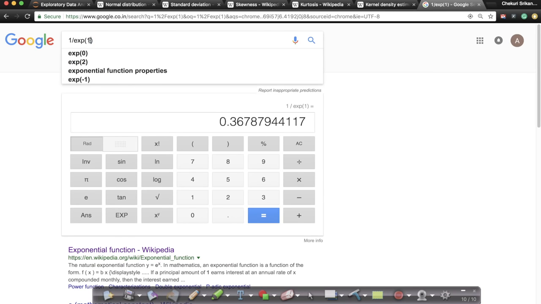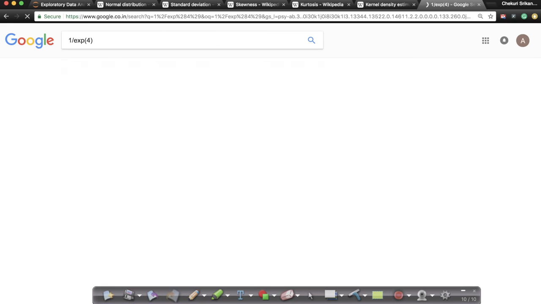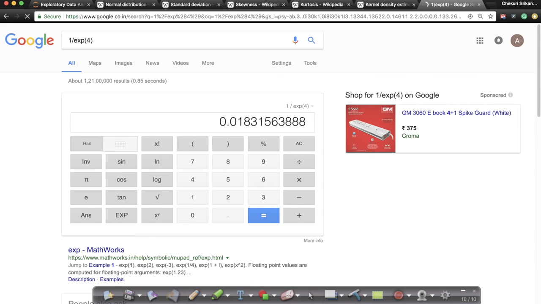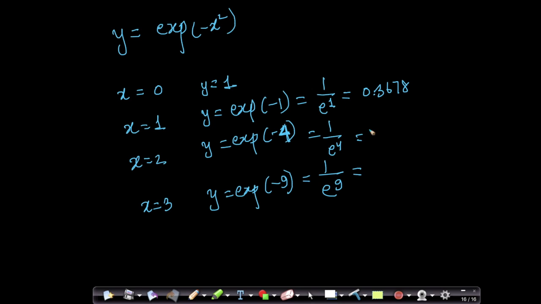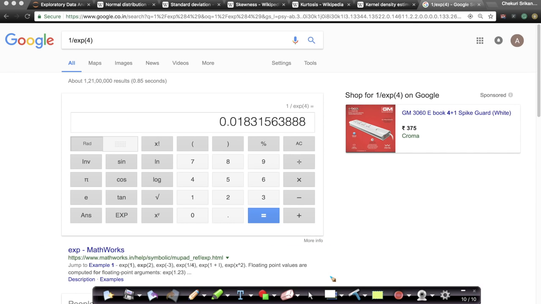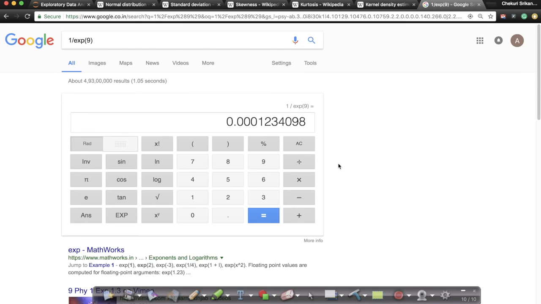It's going to be 0.018. It's already falling very fast. What about 9? It's already 0.000123. Wow, I really like that number.